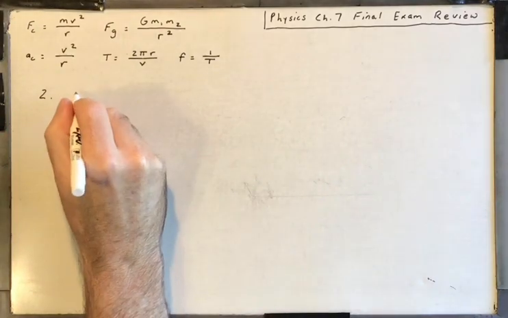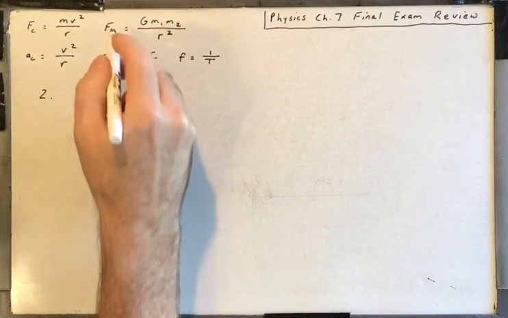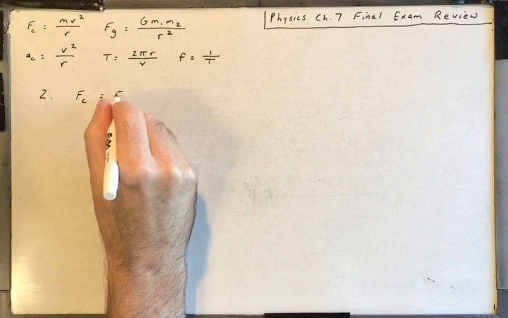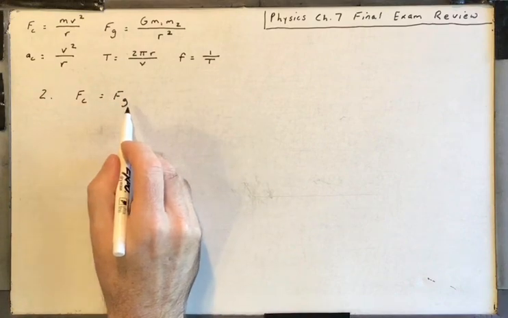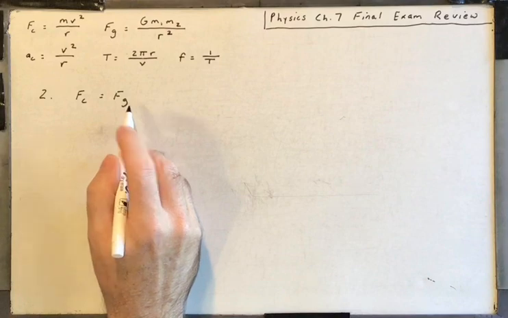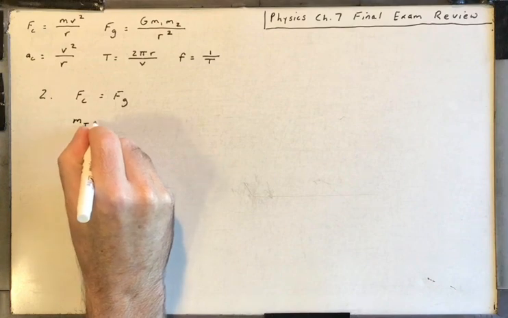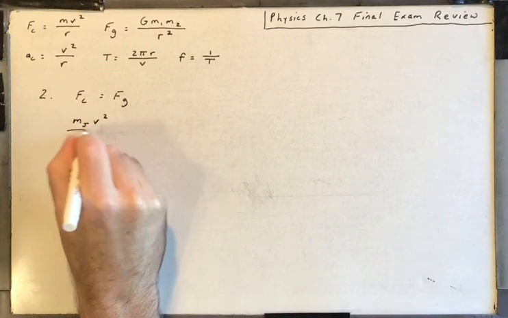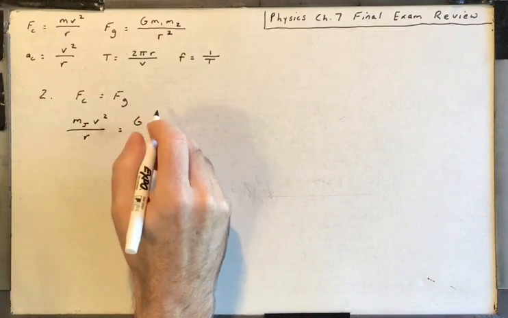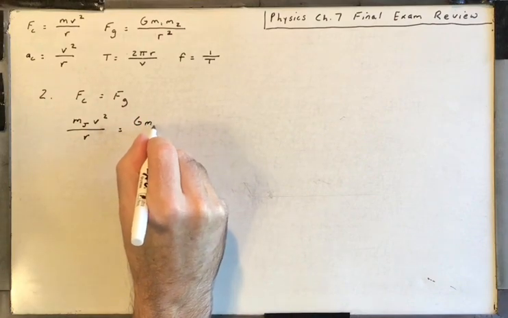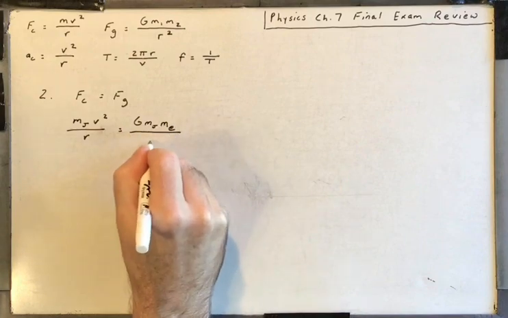We know that the centripetal force that is keeping the space junk in orbit is gravity. So F sub C is equal to F sub G. And that would be the mass of the junk times v squared over r is equal to G times the mass of the junk times the mass of the Earth over r squared.